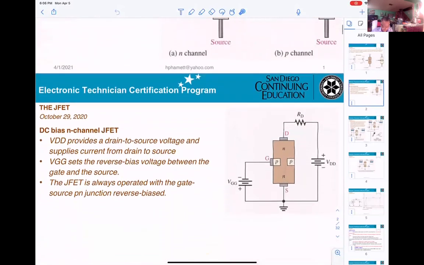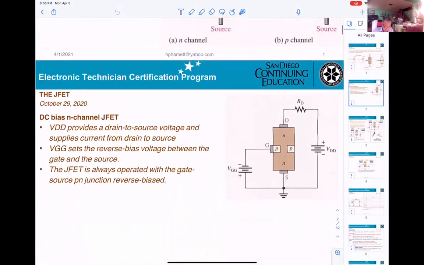Now we see DC bias N channel JFET. VDD, that means the voltage here. On the bipolar they're using VCC. VDD provides the drain to the source voltage and supplies current from the drain to the source. So this voltage here supplies the current flowing from the drain to the source.